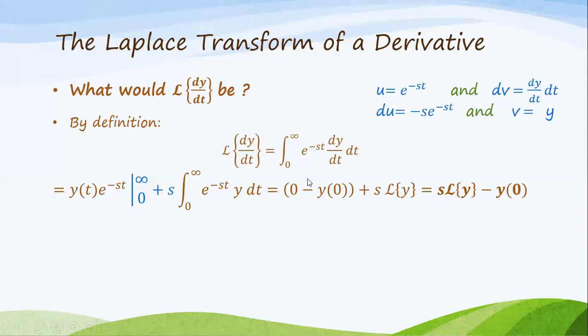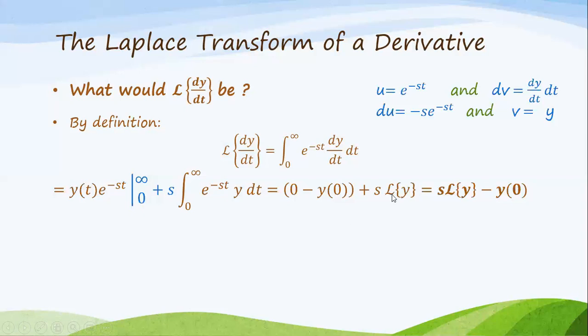So the first part of the integration by parts, the u times v, gives us 0 at the upper limit minus y of 0 at the lower limit. And we've just said a minute ago that we recognize that this integral is the Laplace transform of y. So this is s times the Laplace transform of y.